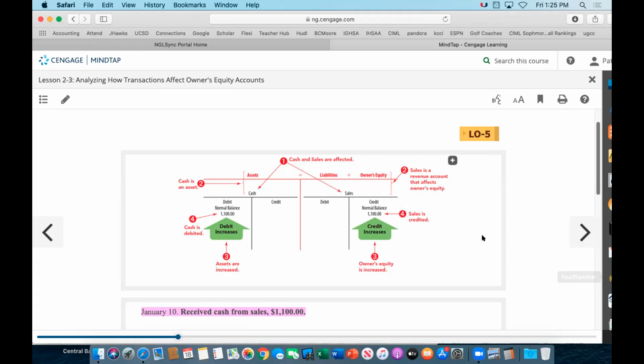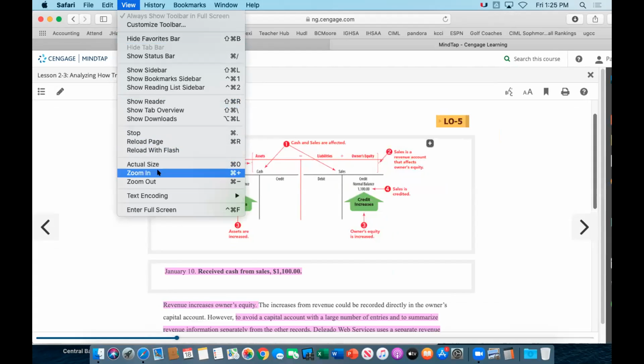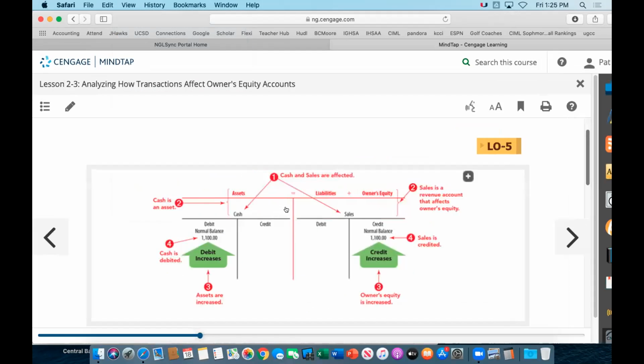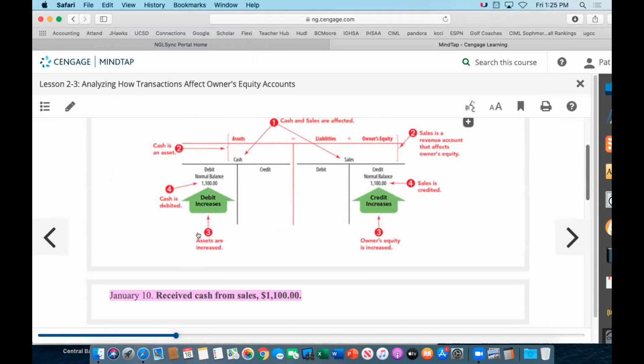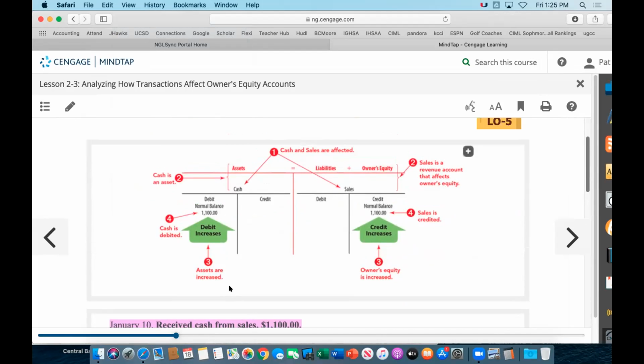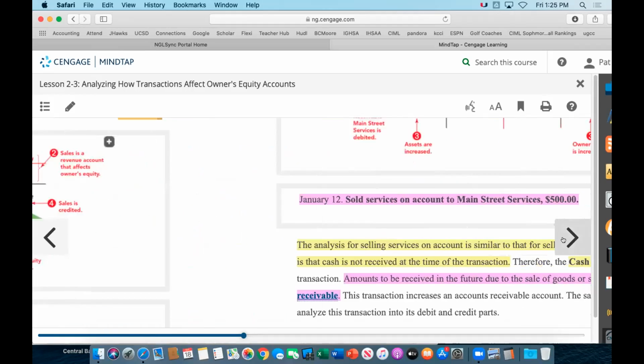And again, the book does a fantastic job of showing you that, right? Cash, debit. So when you ask me a question again, receive cash from sales, how do I do that? I'm going to go to your book, 2-3, go to your sheet, transaction 6.